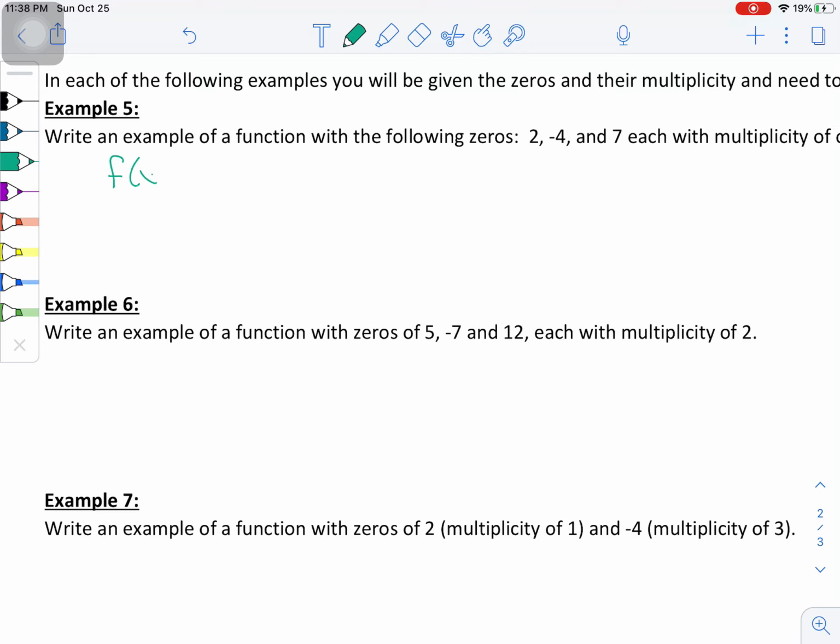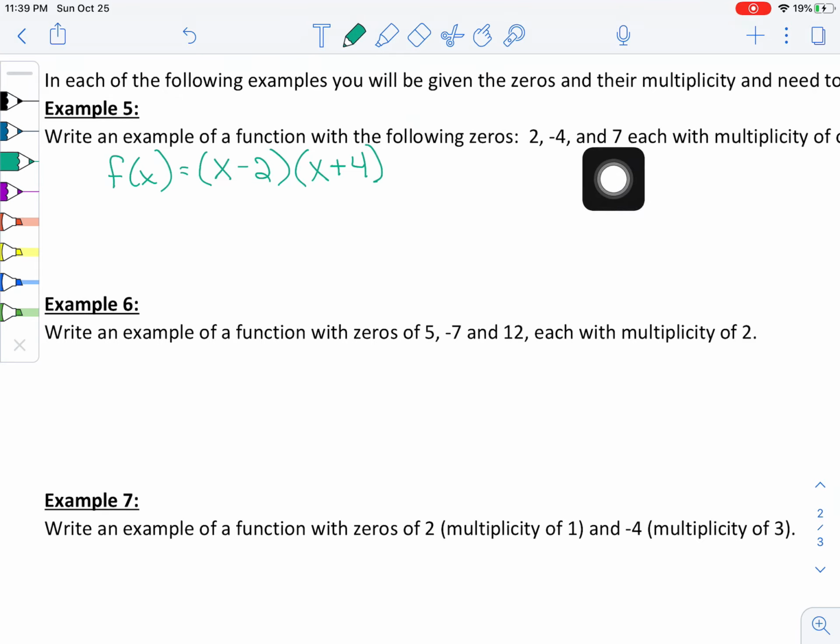Okay, so f of x is equal to, I need some factors here. So the first factor needs to give me a zero of +2. So in factored form, that means I would have x minus 2. My next zero is -4, so I need a factor that would give me a -4, so that would be x plus 4.